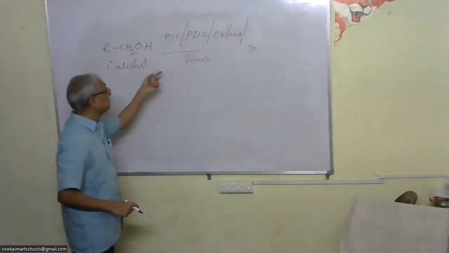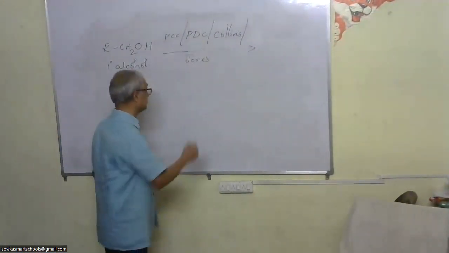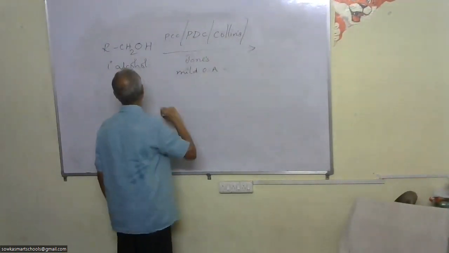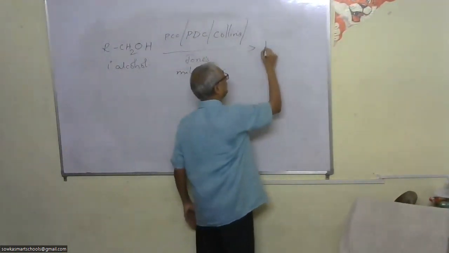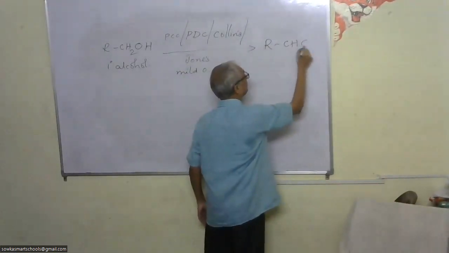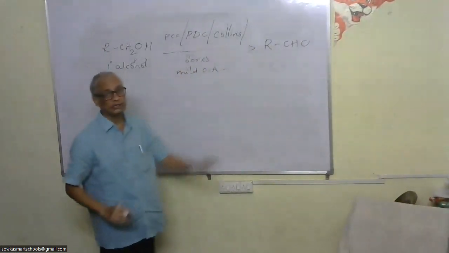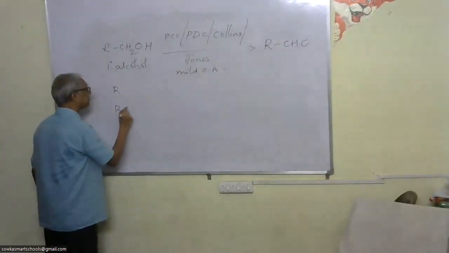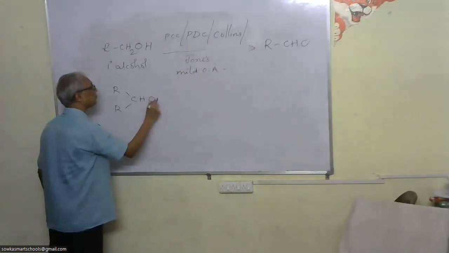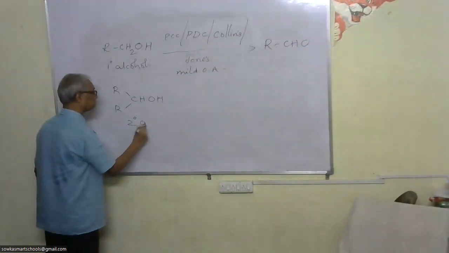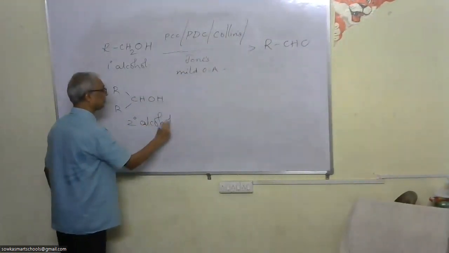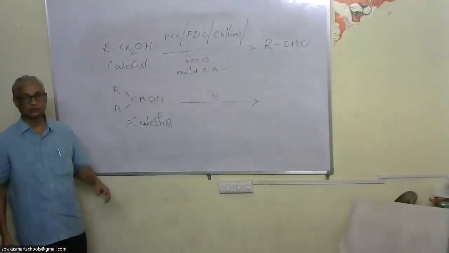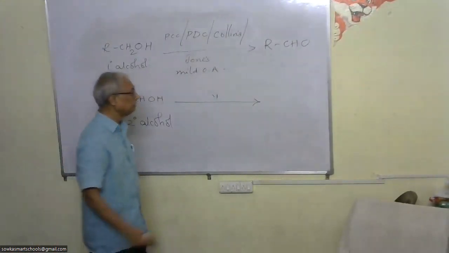But all these are mild oxidizing agents, so they give aldehydes. We get the corresponding aldehyde. And you know that secondary alcohols on similar treatment, on similar reaction, will give ketones.